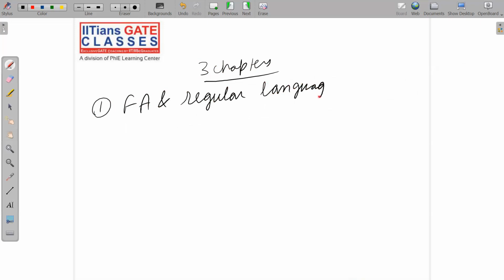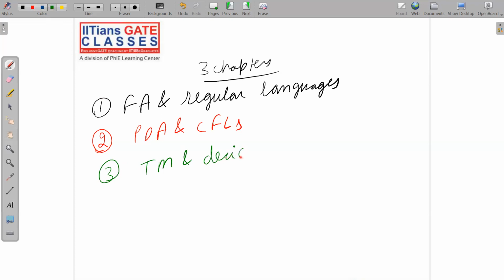The second chapter is PDA and CFLs, and the third chapter is Turing machines and decidability.